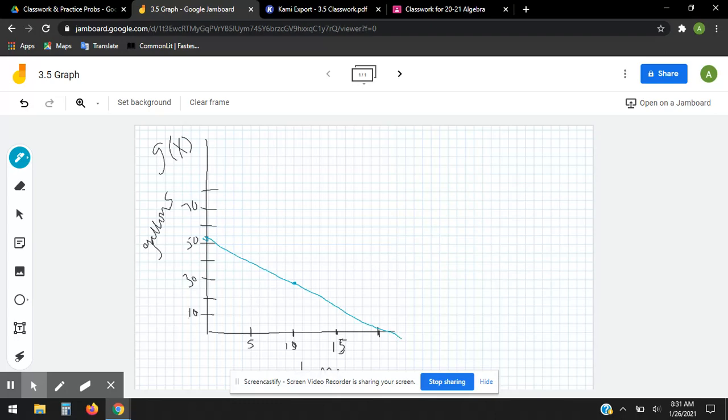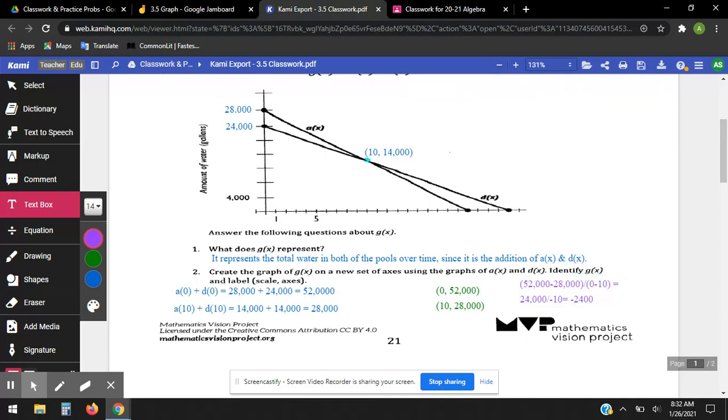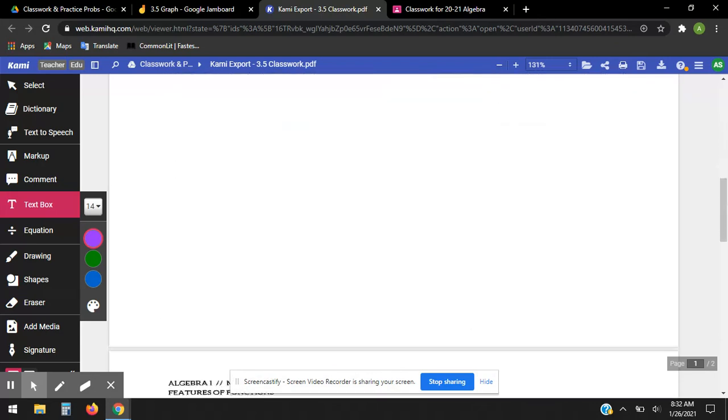So this is my graph, and that is my visual representation of this. You might want to pause and fill all that in. I'm going to go back so we can keep going. We could have also used our slope when trying to figure out our graph, but keep this in mind for the next question.